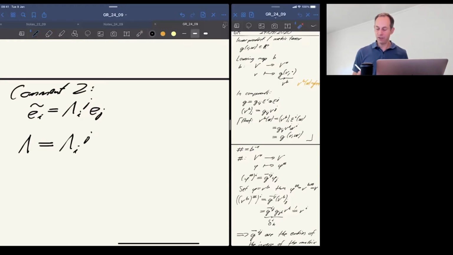Now, if I have coefficients, I need to put the basis. Now, the first index is downstairs, so the basis element should be upstairs. We know that this has to be the case for consistency. And then the second basis element should be something with the index downstairs.